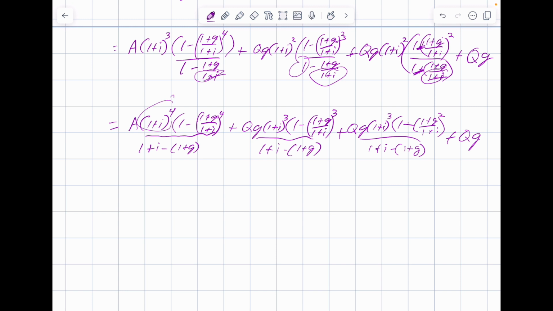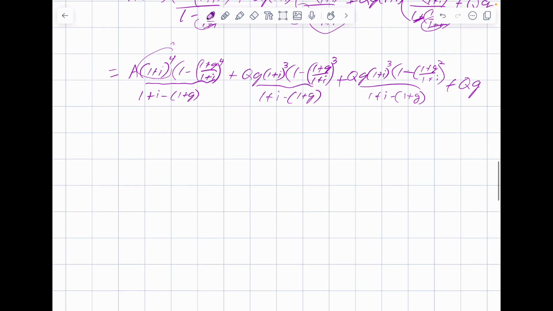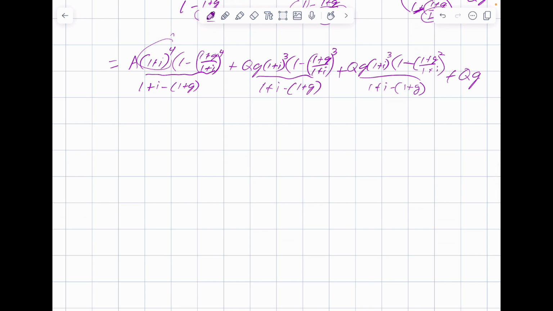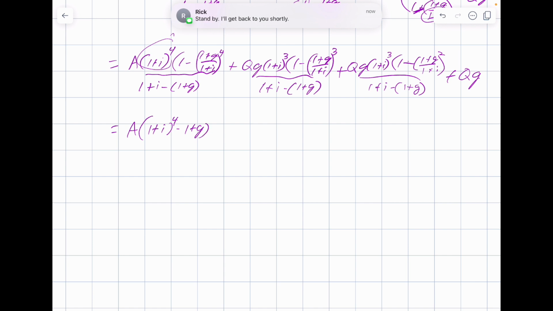Next, we'll distribute this 1 plus I to the fourth through the parentheses. So let's do that. That will give us a, open parentheses, 1 plus I to the 4 minus 1 plus g to the 4.